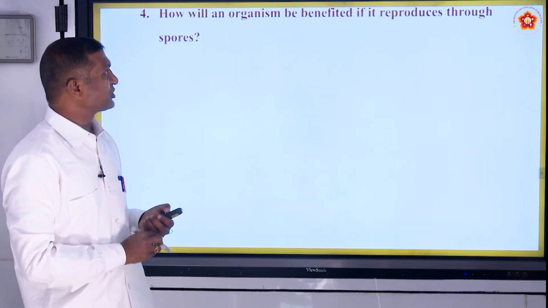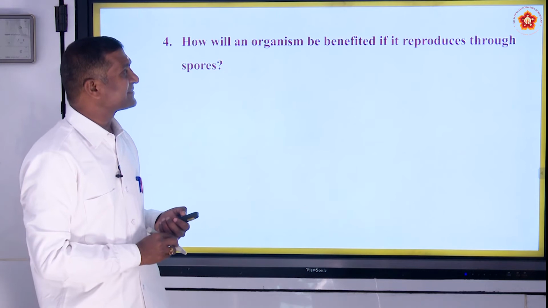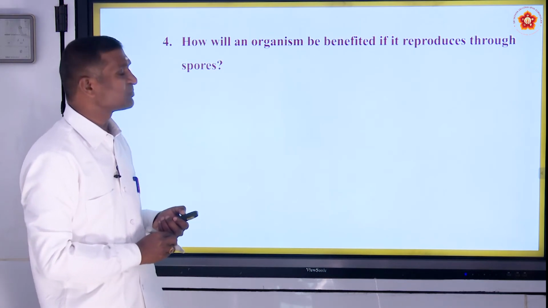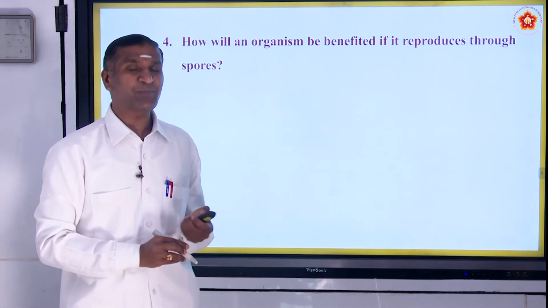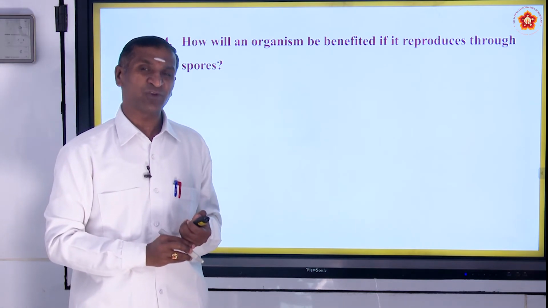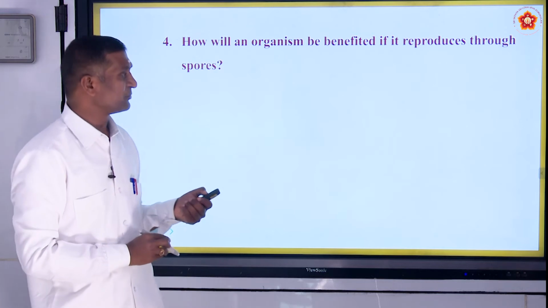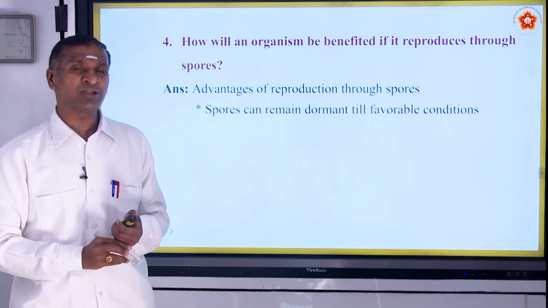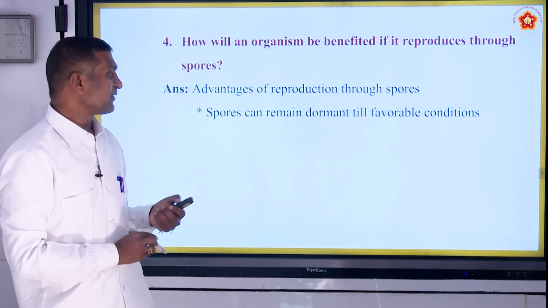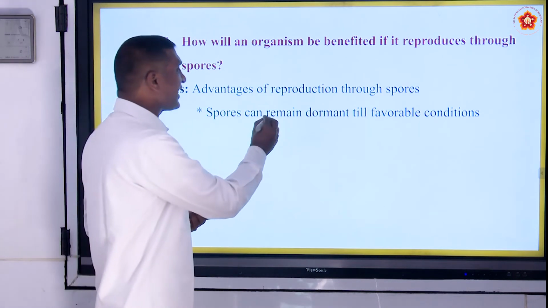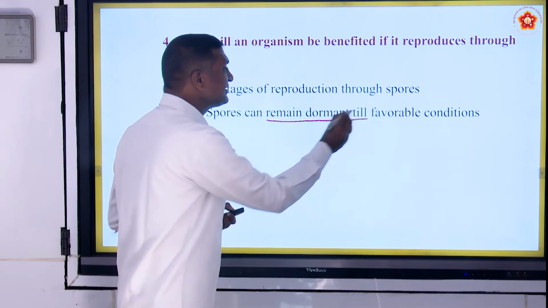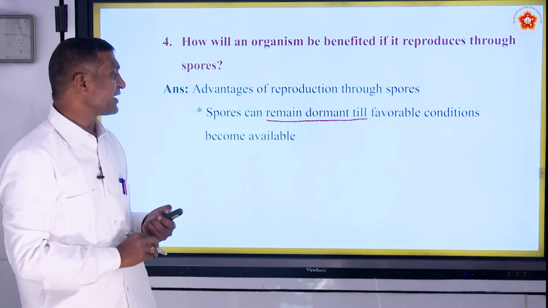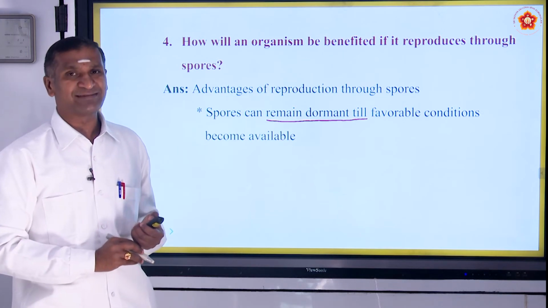The fourth question: how will an organism be benefited if it reproduces through spores? Spore reproduction benefits a few organisms. How? If we think of the advantages of reproduction through spores, the first point is that spores can remain dormant till favorable conditions become available.